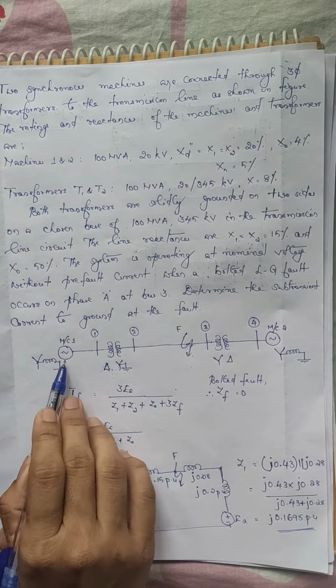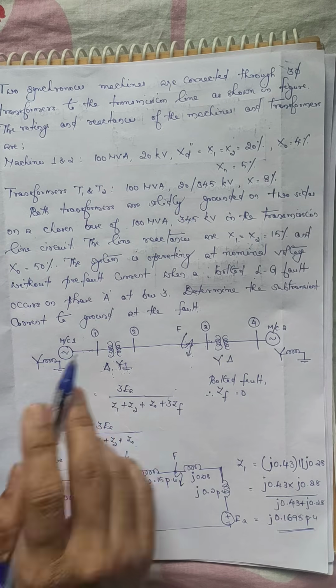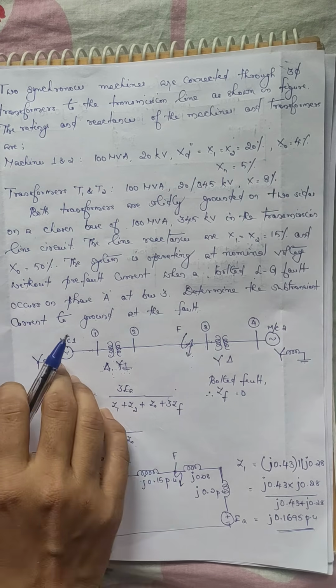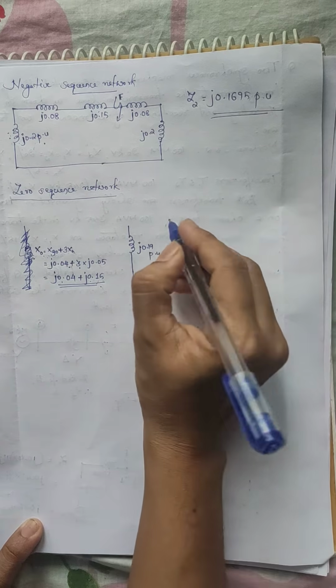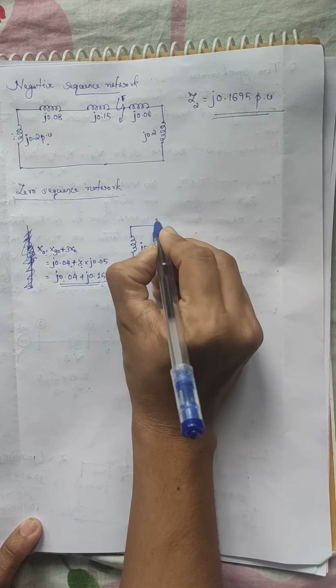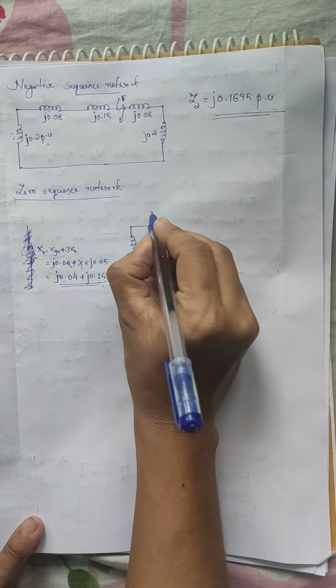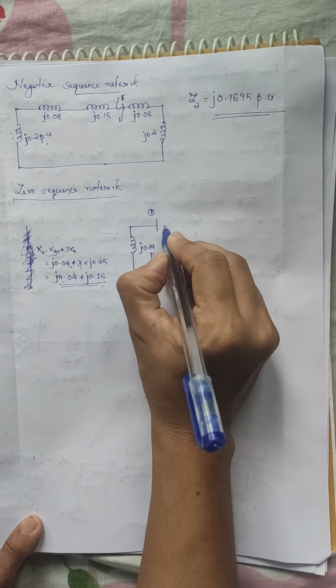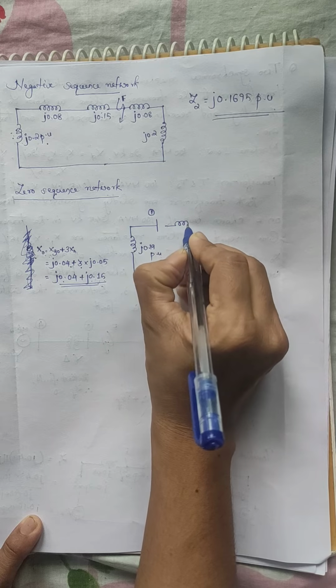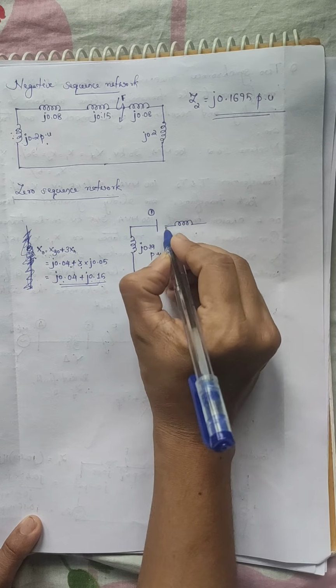Here we have, after machine 1, bus number 1. So let this be bus number 1, and as the primary winding is delta connected, we cannot connect the winding to the corresponding line.